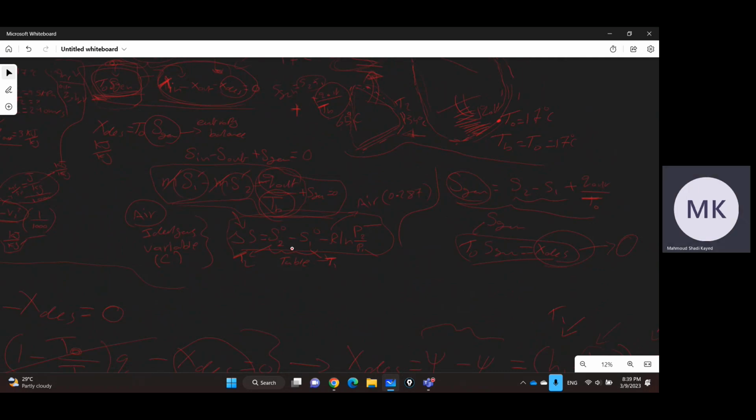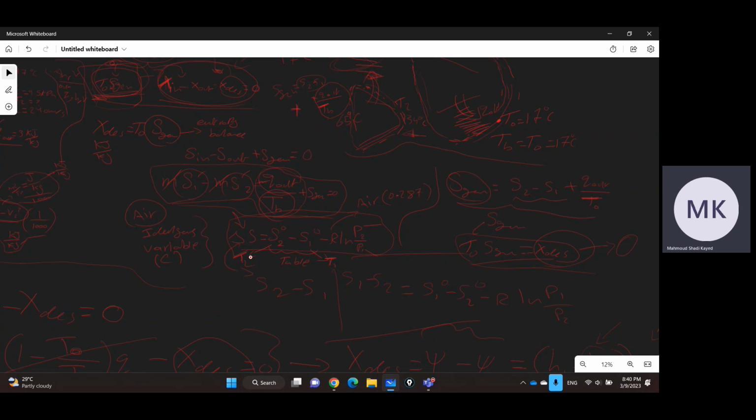So whatever answer you get here, this is S2 minus S1, because as you can see, the 2 comes first also here. So in case of S1 minus S2, the formula will be S1 dot minus S2 dot minus R ln P1 divided by P2.